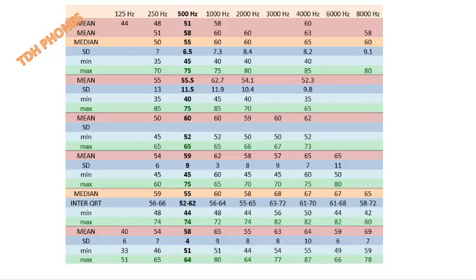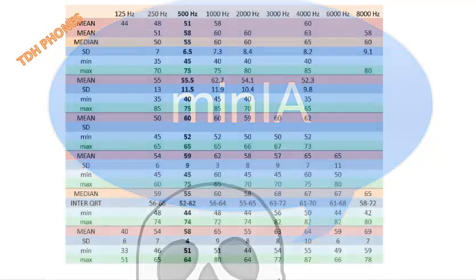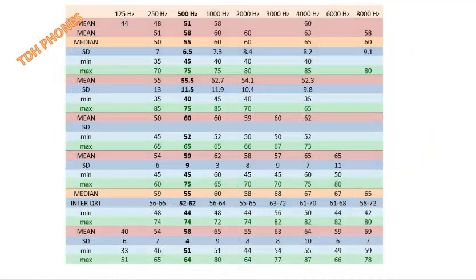But when we're making decisions on audiometry, we must use the minimum possible values, or the least amount of possible attenuation. We refer to this as the min-IA level. And this is the level at which we know it's possible that a 500 Hz tone could cross to the other side.